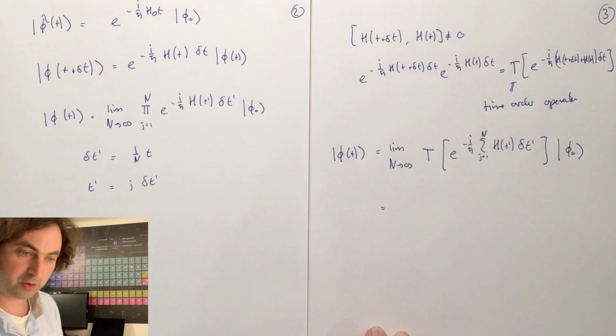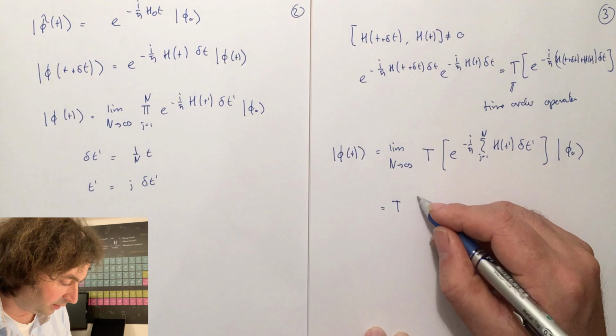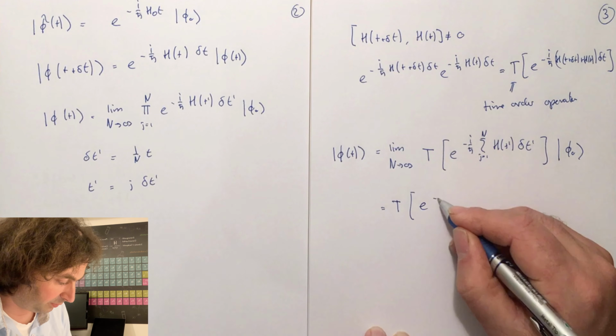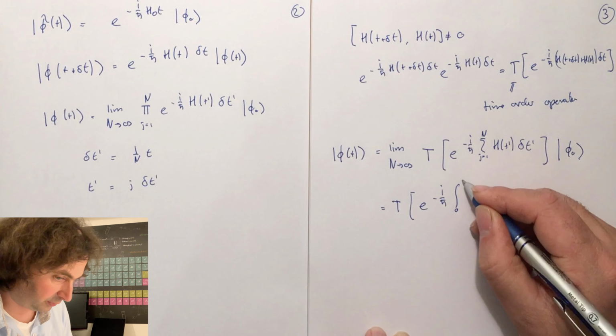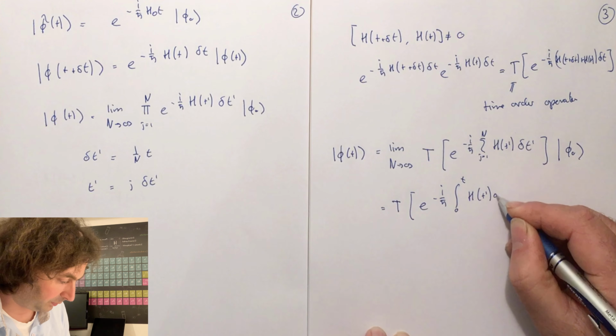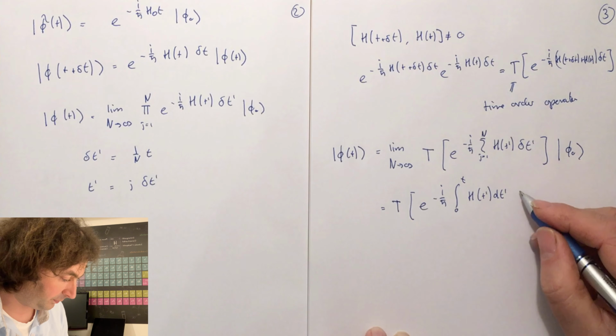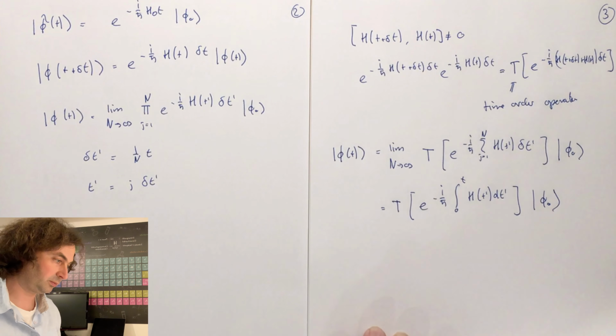We can now change the sum to an integral, and this is T, the time order operator, e to the minus i over h bar, and the integral from 0 to t of H(t prime) dt prime, acting on psi 0.